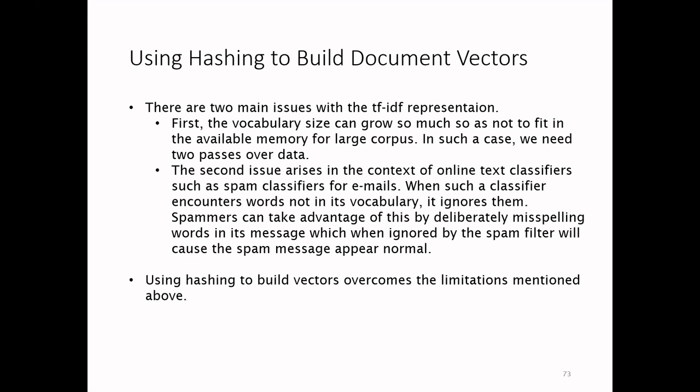So this is generally called TF-IDF representation or bag of words representation. What are some of the issues here? Number one, the vocabulary size can grow so much, because if you are talking of millions and millions of documents, then obviously the number of different terms that you're going to be coming across is going to be humongous.